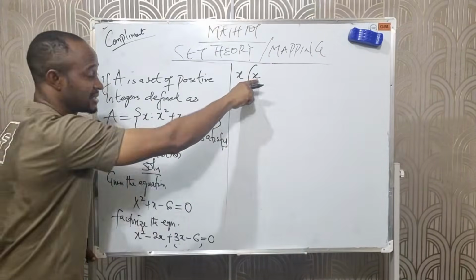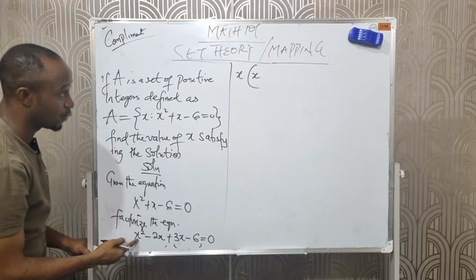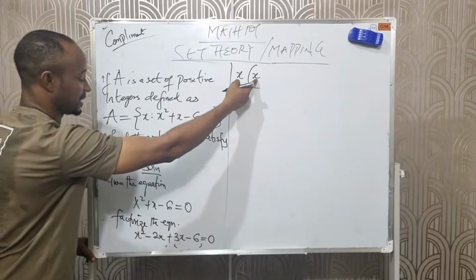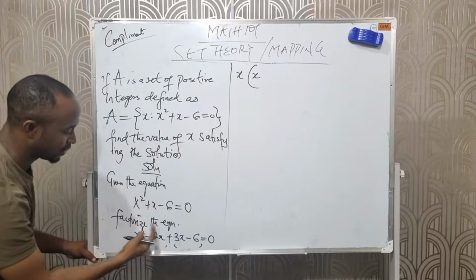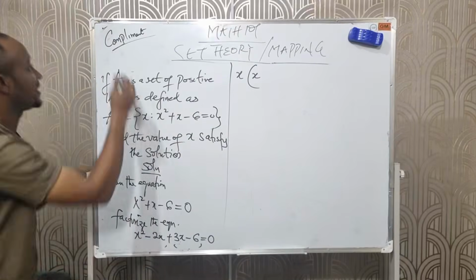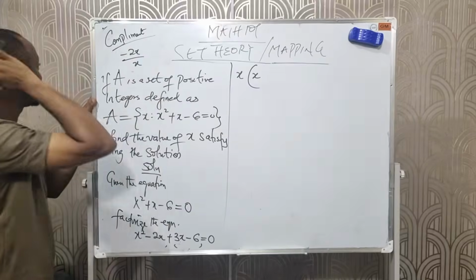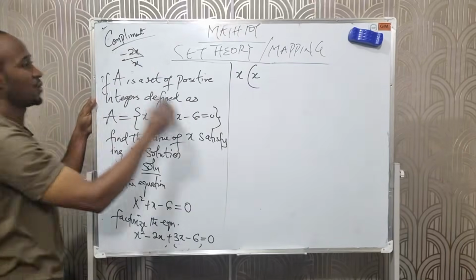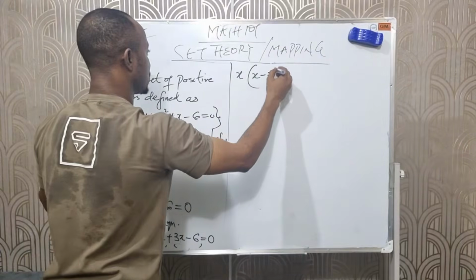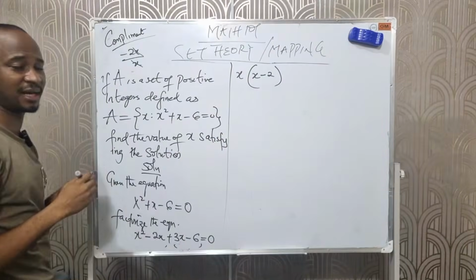Now divide minus 2x by the same x. Can x cancel x? We are left with minus 2. Are you following, guys?